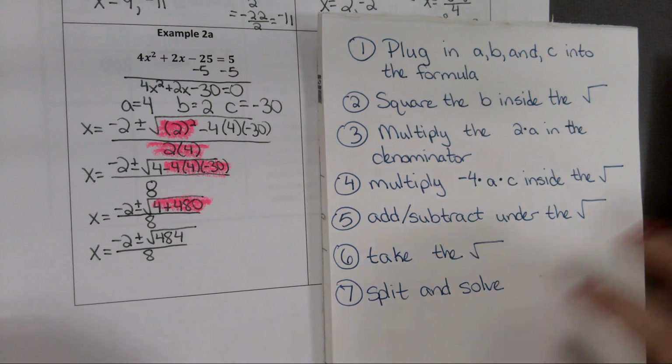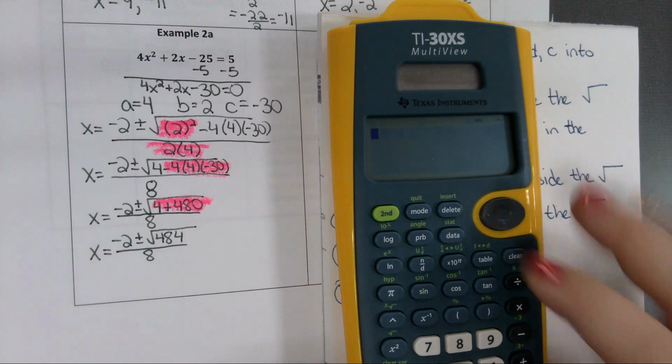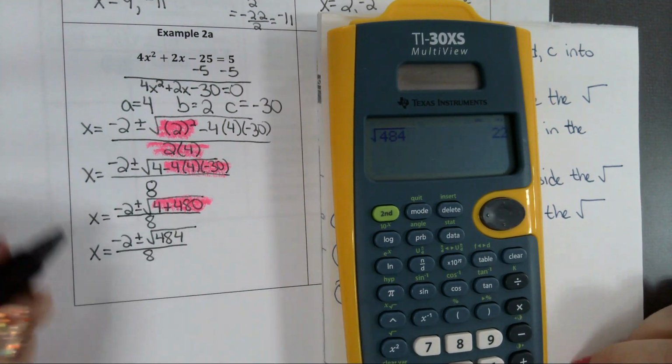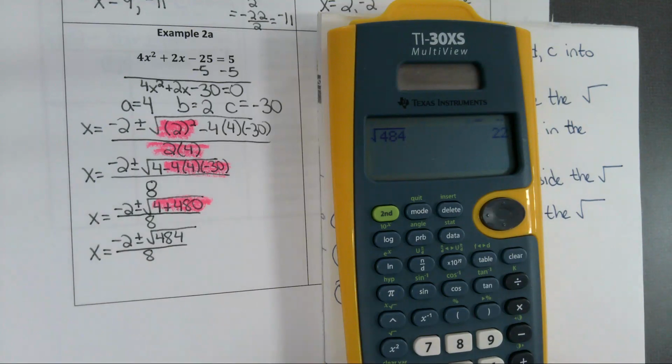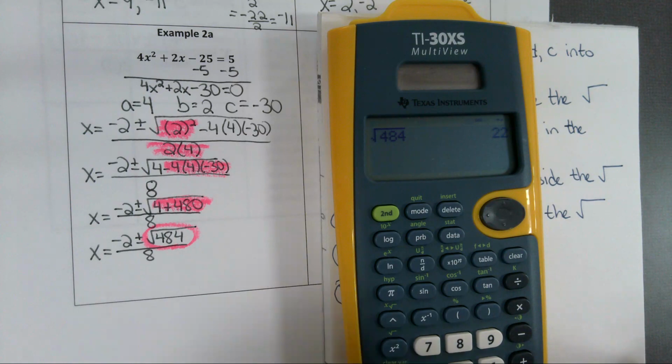And then we can take the square root. So the square root of 484 is 22. So when we take the square root, remember we don't write the square root symbol anymore.